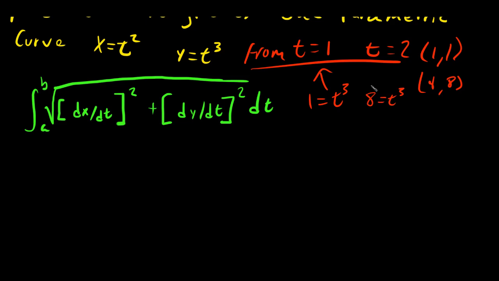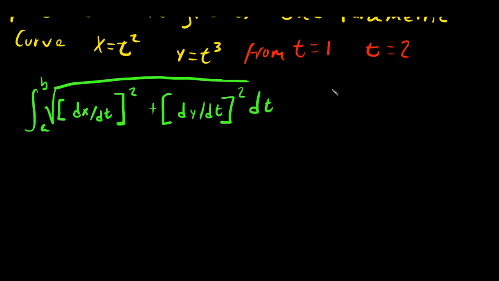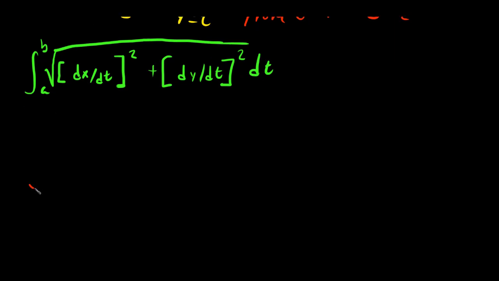You see I went from 1 to 8, which is just 2. So that's how you get your interval, your boundaries. Sometimes they'll give them to you straight up, sometimes they'll give you a point, but with the point, that's just how you solve it. It's not too terrible. It's pretty common sense.